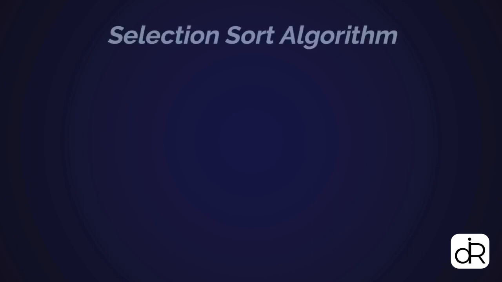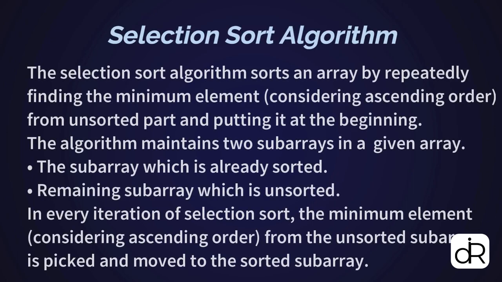Selection sort algorithm sorts an array by repeatedly finding the minimum element, considering the ascending order, from the unsorted part and putting it at the beginning. The algorithm maintains two subarrays in a given array: the subarray which is already sorted, and the remaining subarray which is unsorted.